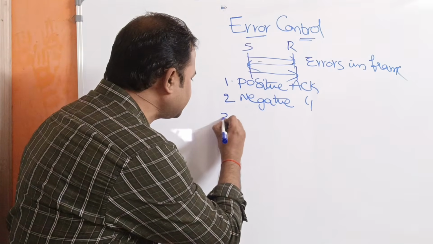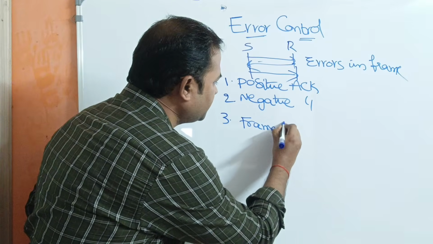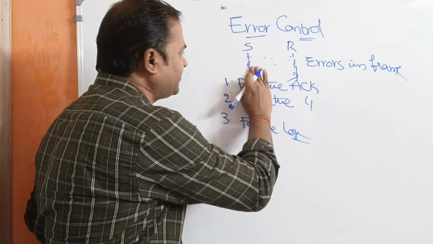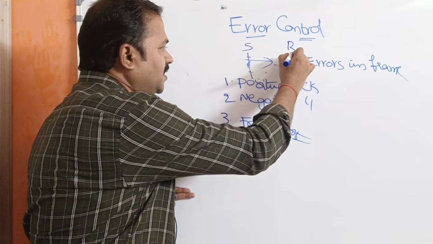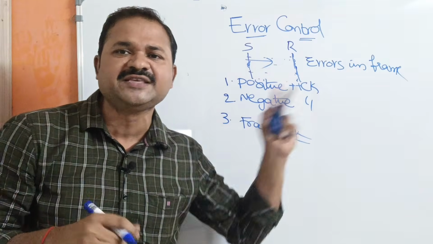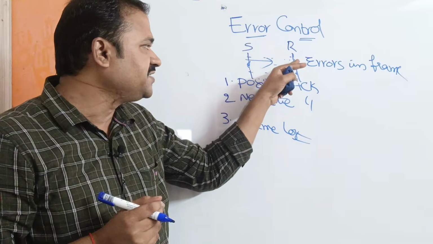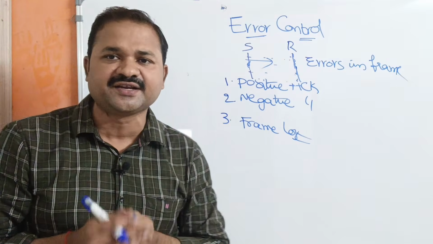Let's see another situation. Let the frame be lost. Here the sender sends a frame to the receiver, but let us assume that the frame is lost. So in this situation what will happen? The receiver is waiting for a frame from the sender.